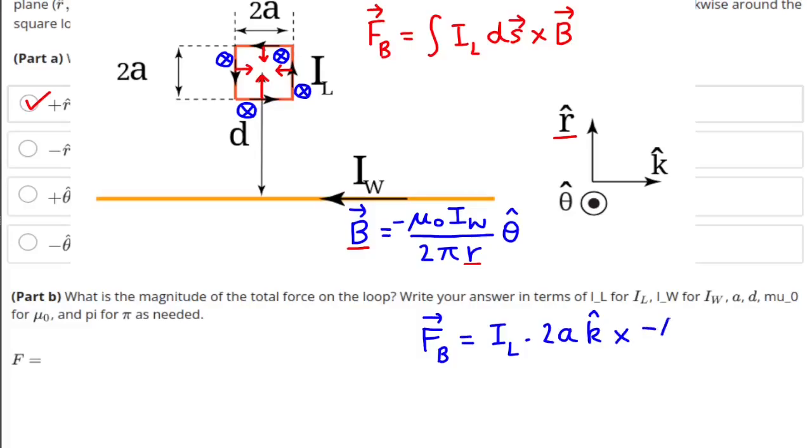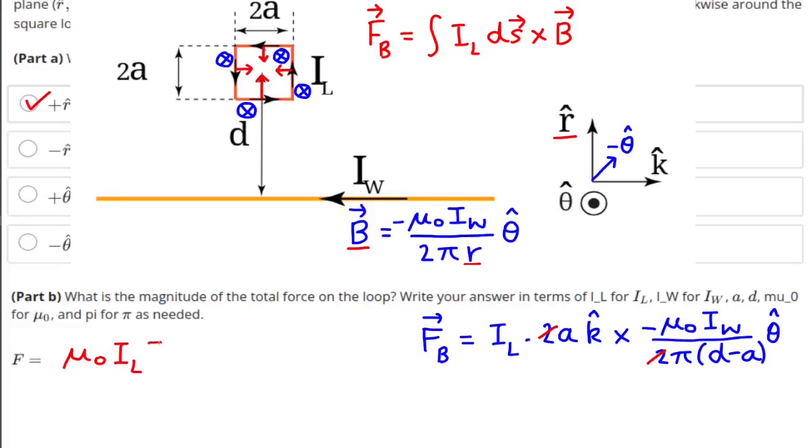That will be minus μ0 I_W over 2π times the distance from the wire to the bottom part of the loop, which is D minus A, and the magnetic field goes into the screen. So K cross minus θ, by the right hand rule, results in a unit vector in a positive radial direction. So if we cancel 2, we get μ0 times the current in the loop times the current in the wire times A over π, multiplied by the reciprocal of D minus A.